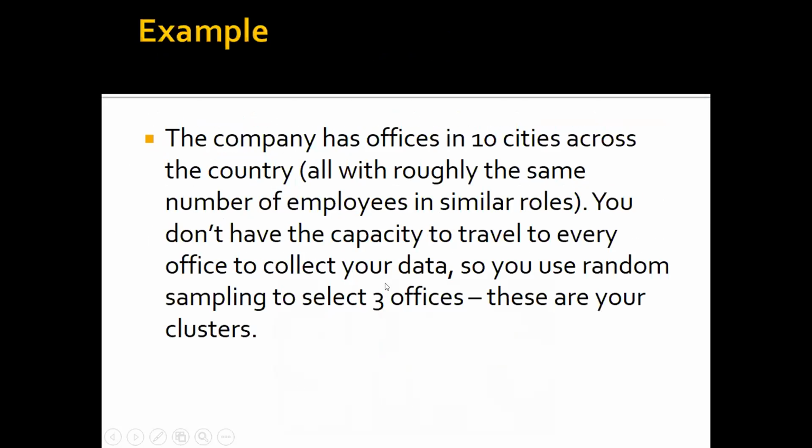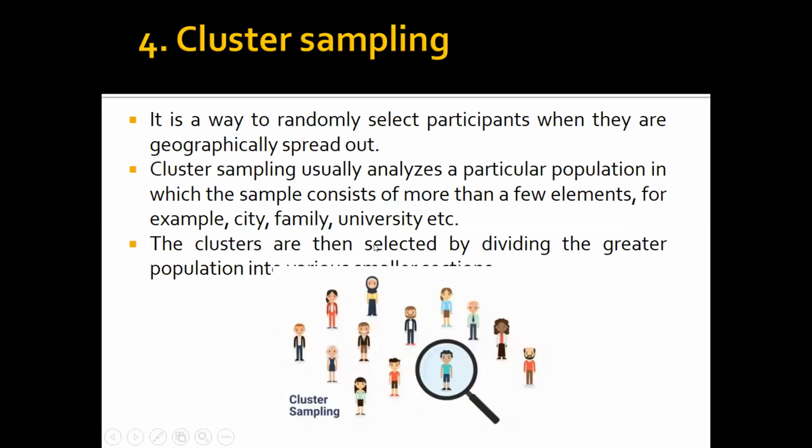Suppose there are 20 IITs and you cannot take all the IITs in the study. The first step is to pick up the clusters. You may use the simple random sampling technique.